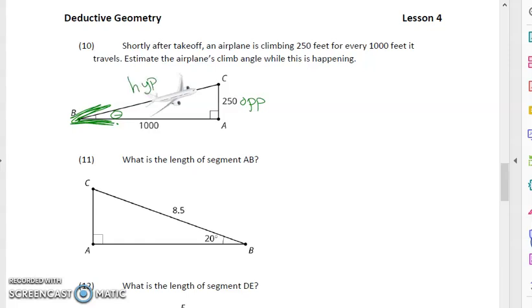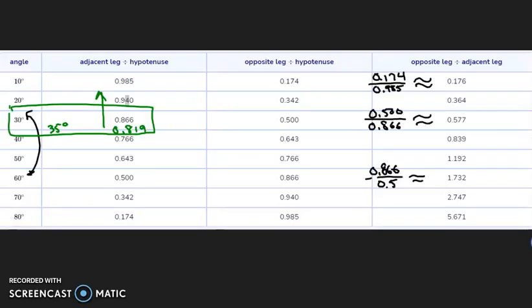BC is the hypotenuse, and AB is the adjacent side. So in this problem, in terms of the table, we're looking at taking the opposite side divided by the adjacent side, which is the last column. We're going to be looking in that column to try to figure out the approximate angle that's going up, because we're not using the hypotenuse at all.